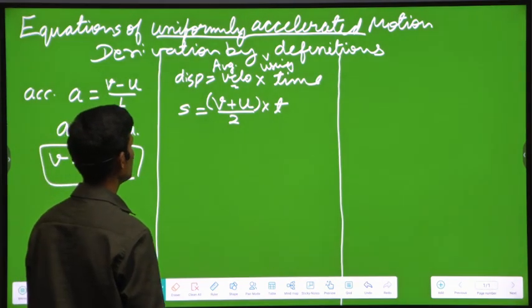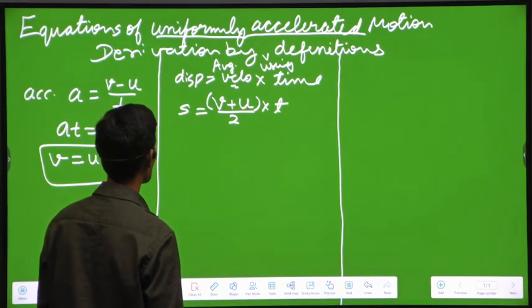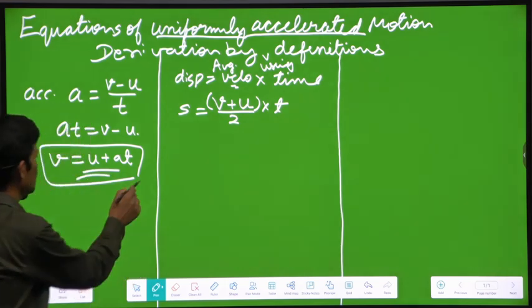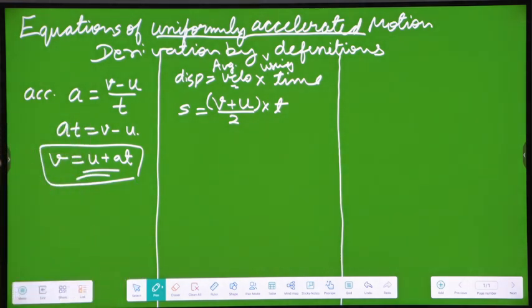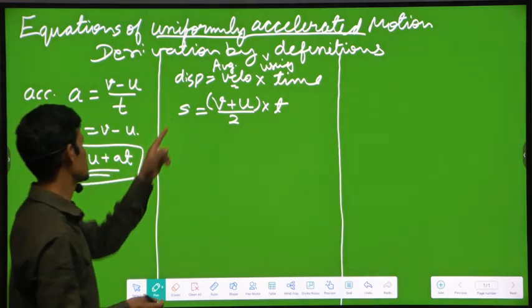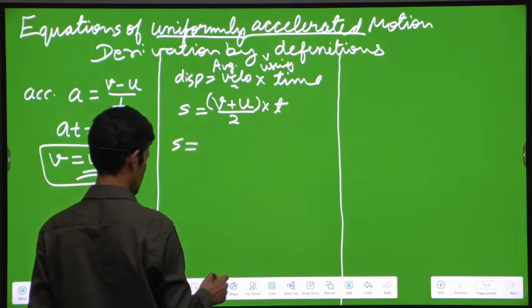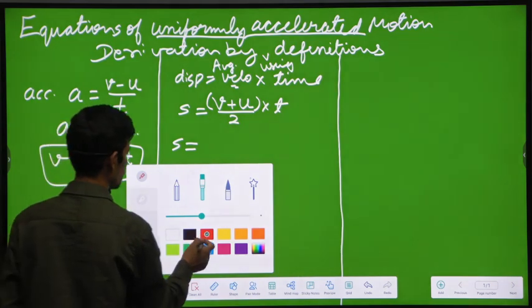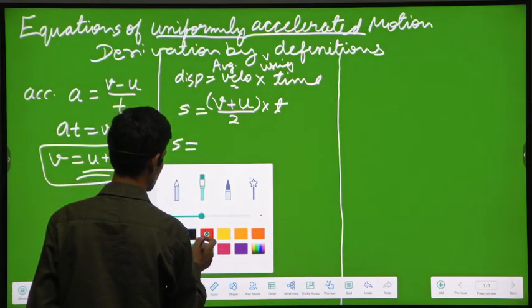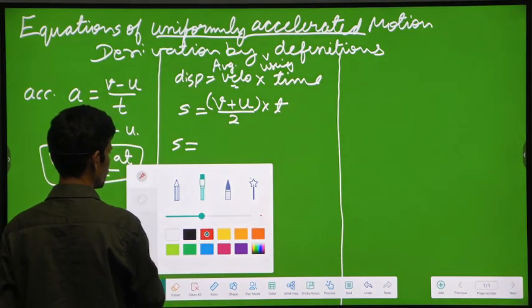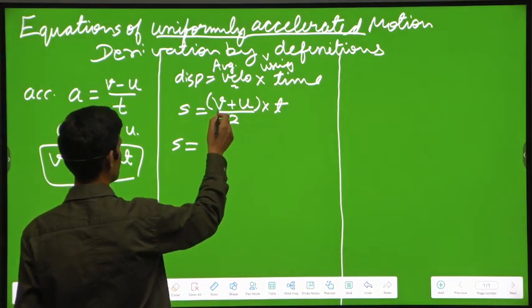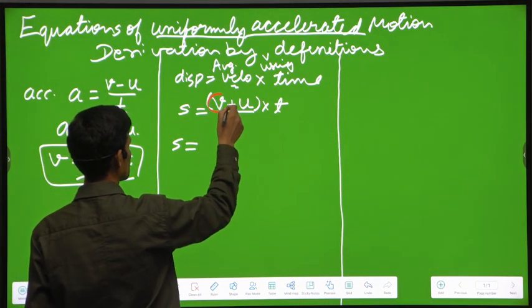All right, now from the first equation of motion, we can replace the value here. So s equal to, in the place of v, I'm using a different color so that you can see this value of v.